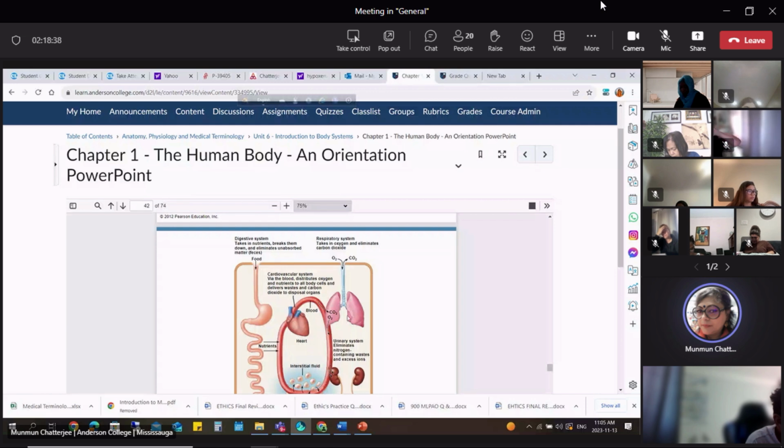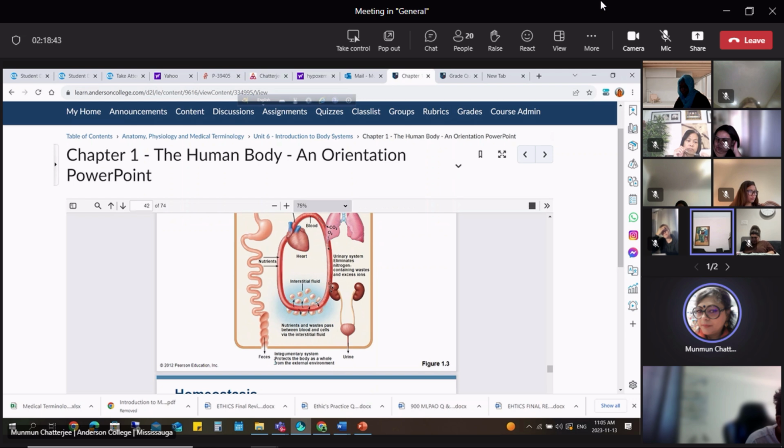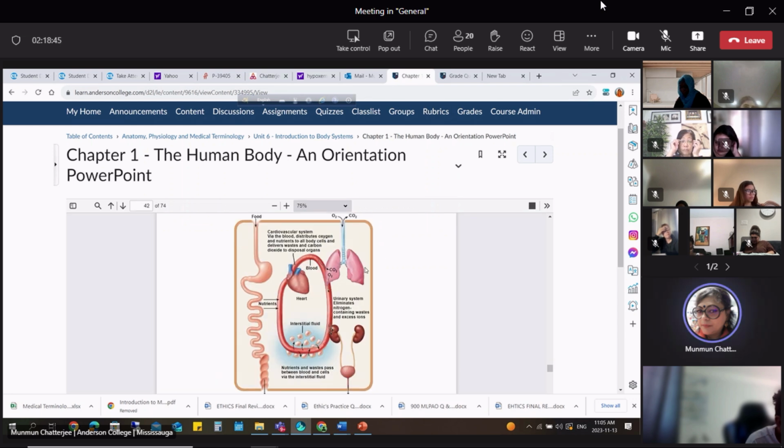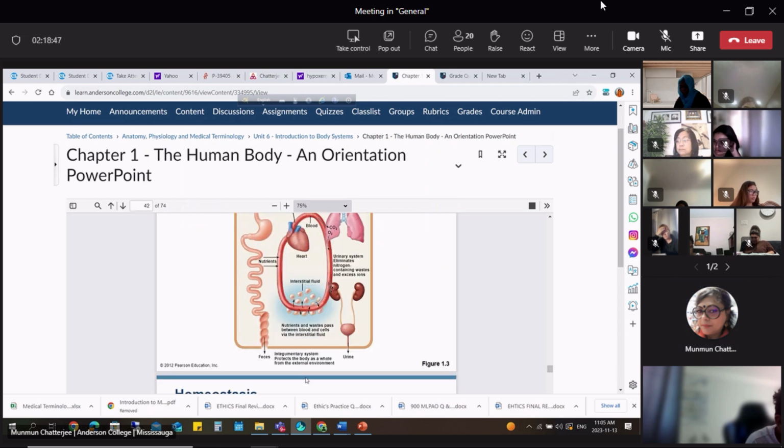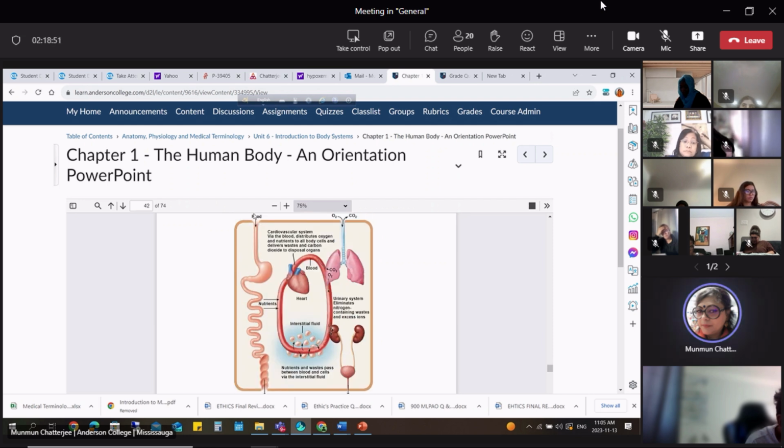So this is showing how each system coordinates. The first is the integumentary system outside the body, and then the digestive system. You are eating, and food is getting digested here, making very small molecules called nutrients, like carbohydrates, lipids, minerals, vitamins.